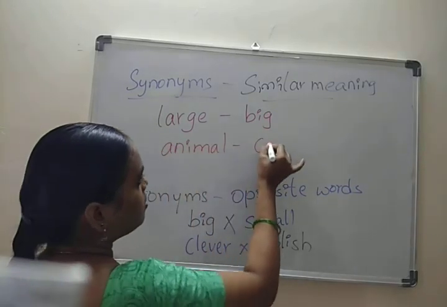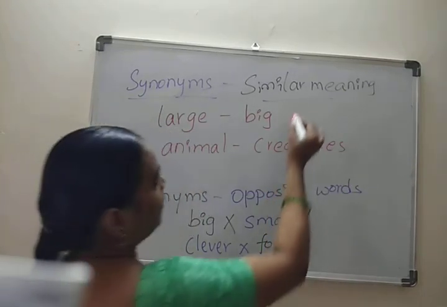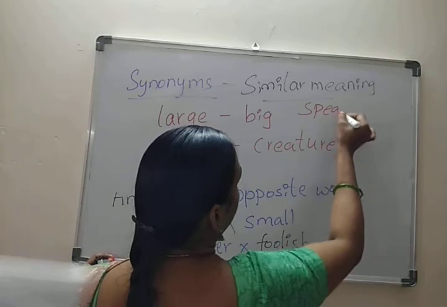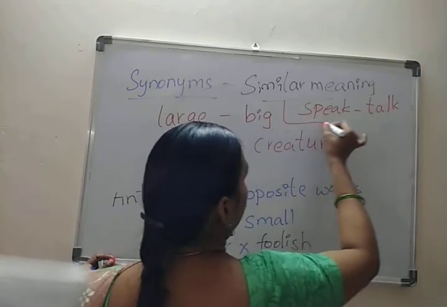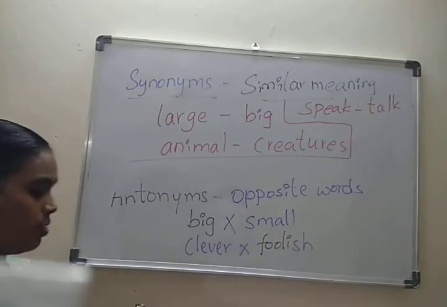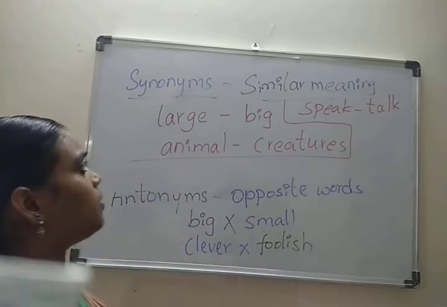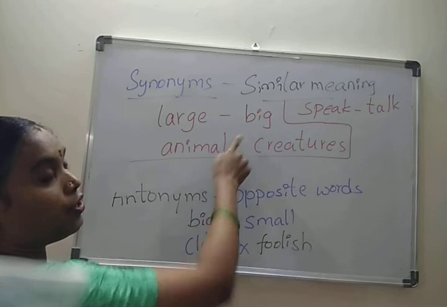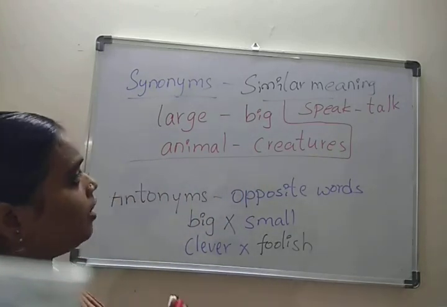Again, animals: we can call these creatures also. And speak. What is the similar form of speak? Talk. So these are the synonyms. Synonym means similar meaning. Large, big, huge also. Huge also will come here.